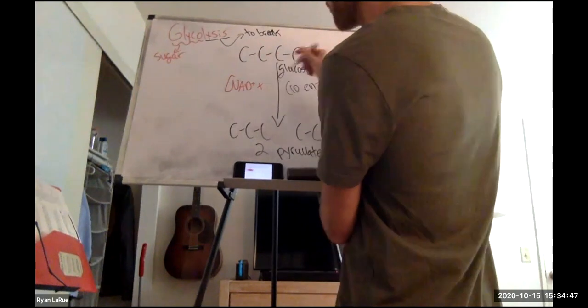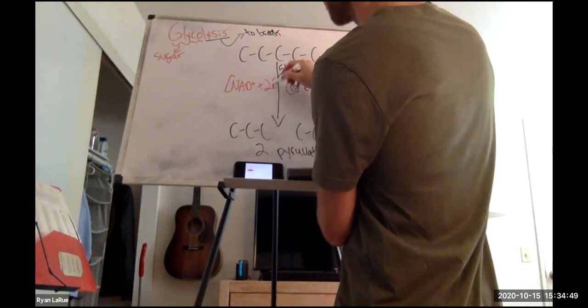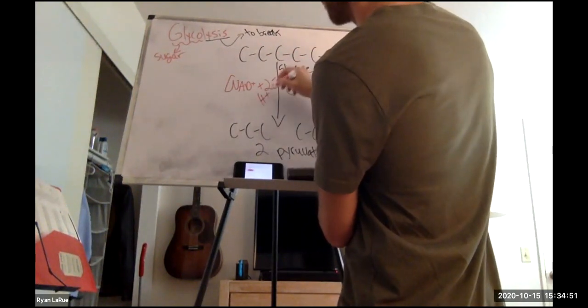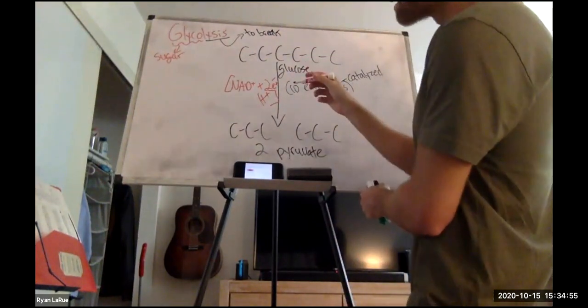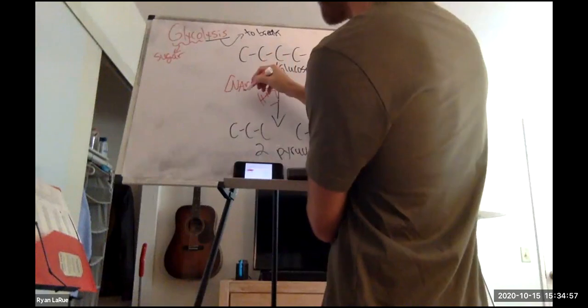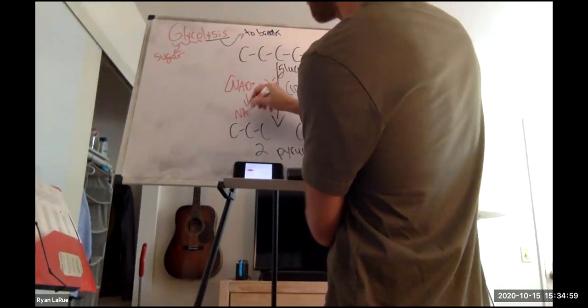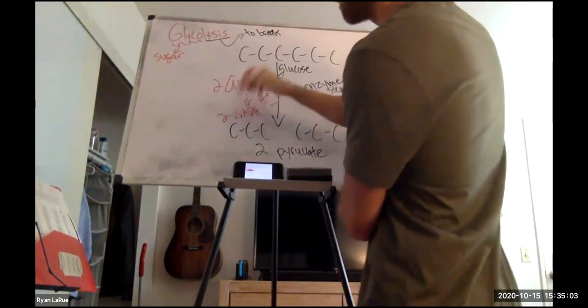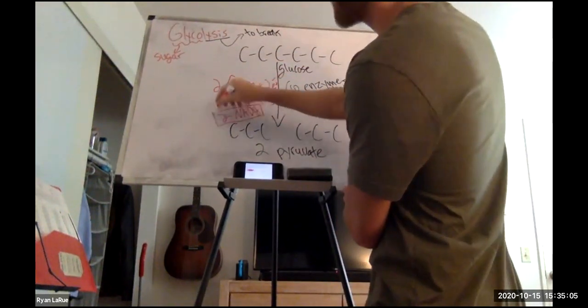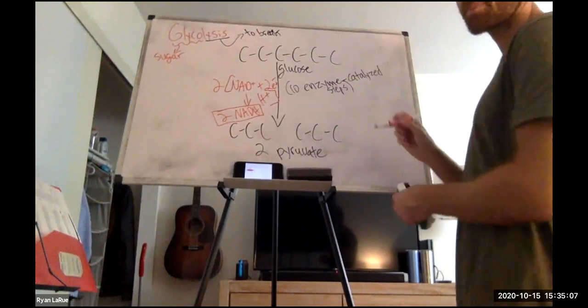So it's going to strip off electrons and hydrogen, as we just kind of went over, to form NADH. And again, this happens twice. So we end up with 2 NADH molecules here.